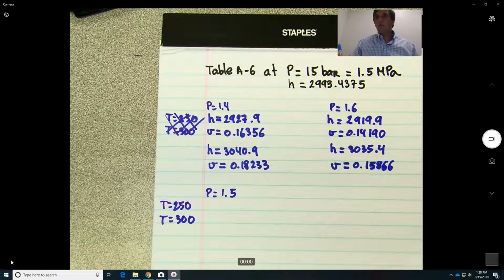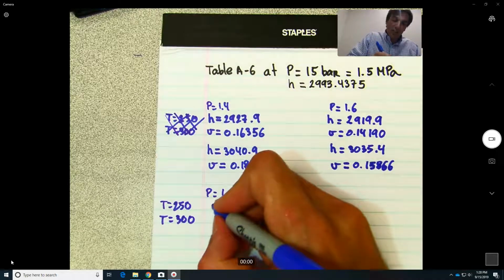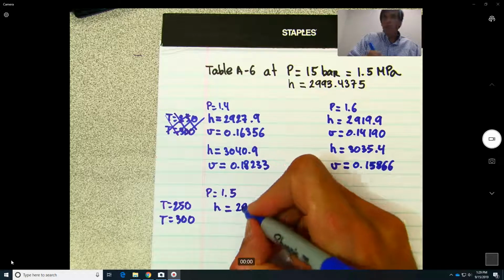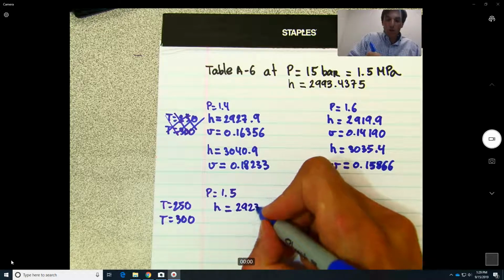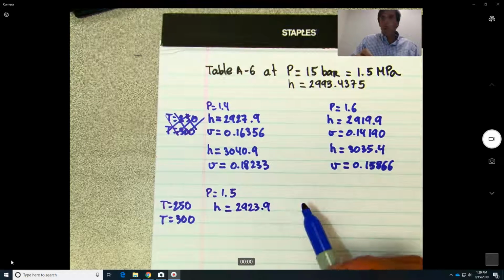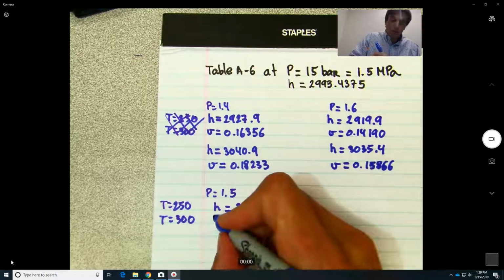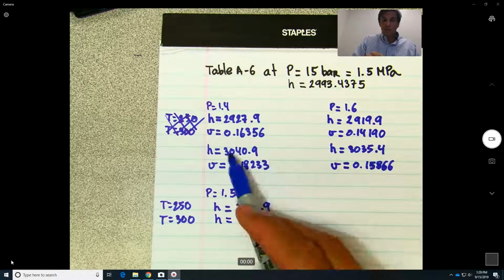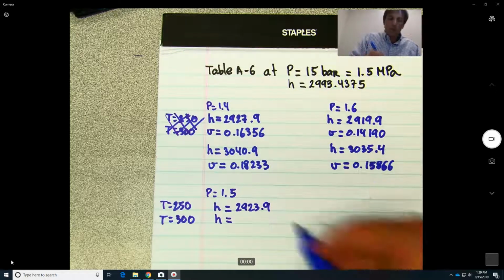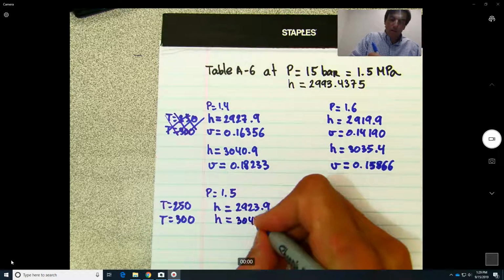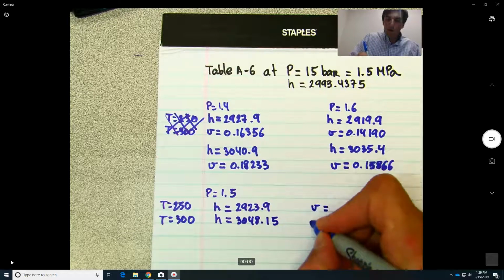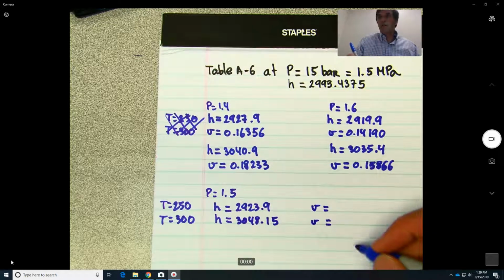So after you do the calculation, you have that H here equal to 2923.9, so that should be this H plus this H divided by 2. We do the same thing for the other H, so this H plus this H divided by 2 give us 3048.15.